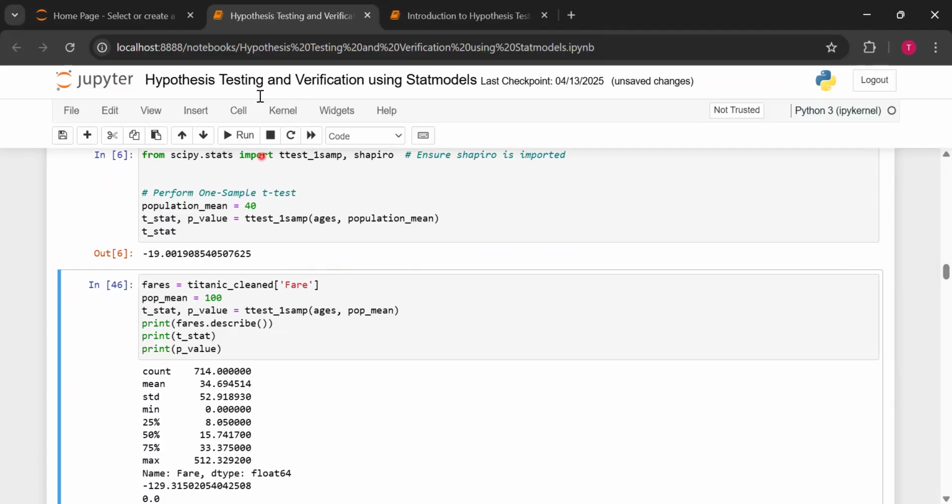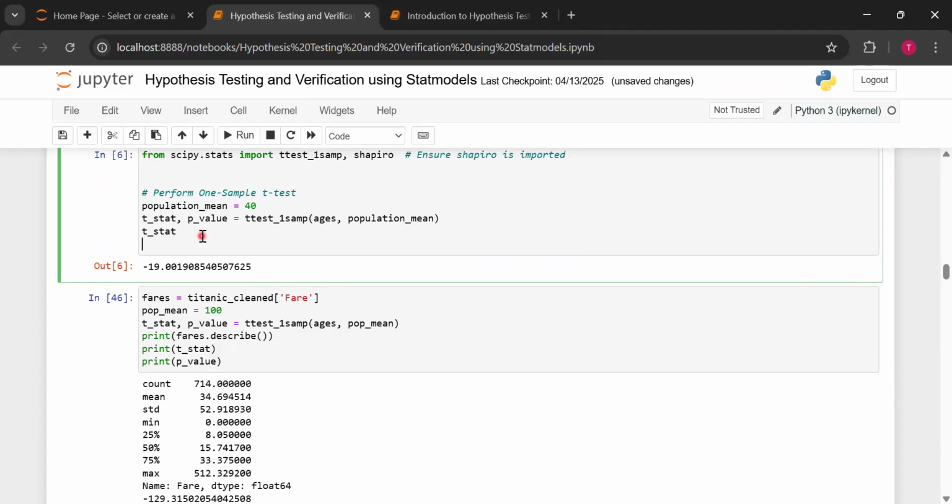You get that? So once you run, you get your p-value. You just put your p-value here and print it.